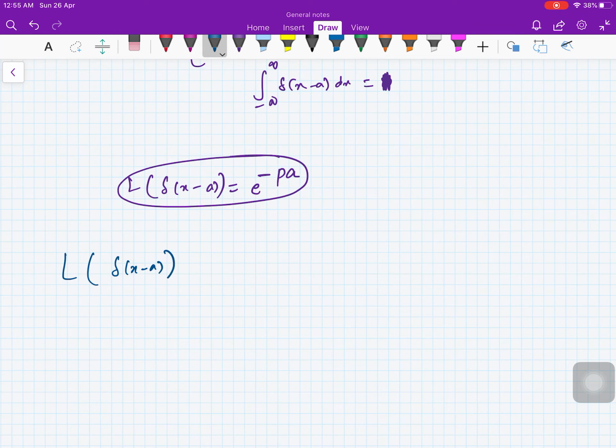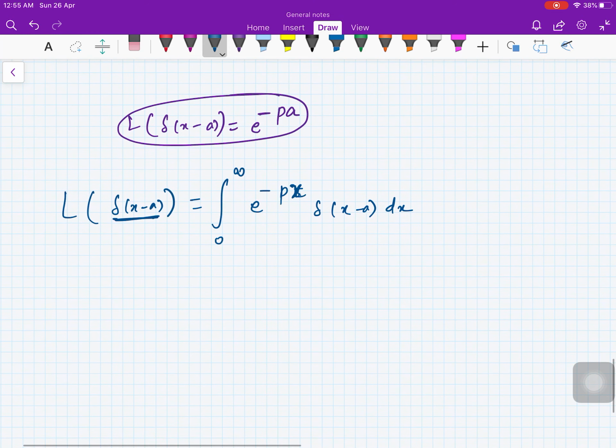I'm not going to prove this rigorously, but I can give you an idea of how you can prove it. Suppose you take the Laplace transform of delta of x minus a. By definition, this is the integral from 0 to infinity of e raised to minus px times delta of x minus a dx.